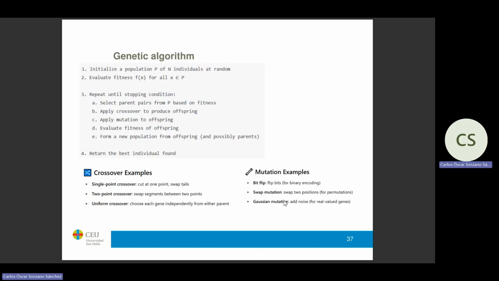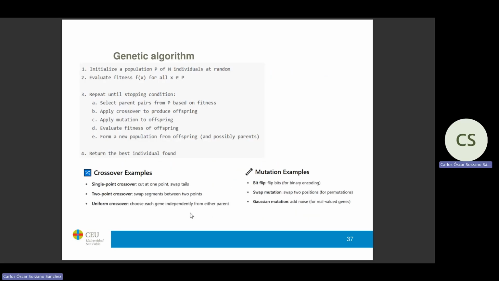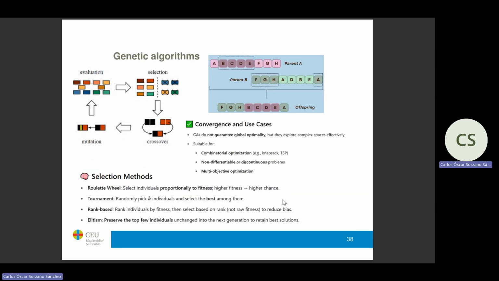Or the swap mutation, where you change two bits inside the same vector, the same sequence. Then the Gaussian mutation: if you have a real value problem, where the elements can take any value, you simply add Gaussian noise to one of the components.